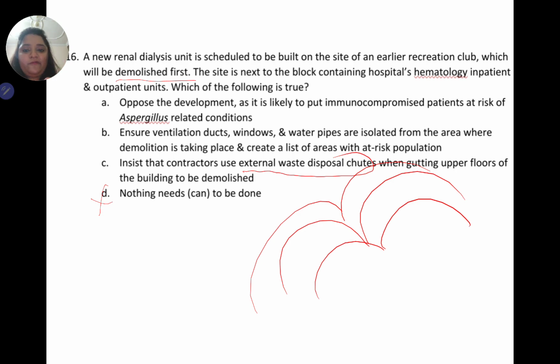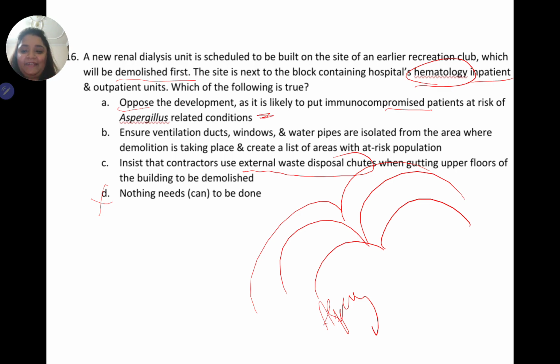So what are the risk factors of having a demolition or any construction unit near a hematology inpatient unit, where the patients may be having some hematological malignancy and HSCT? So the most common thing which we are worried about is Aspergillus. So first point, oppose the development and say it is likely to put immunocompromised patients at risk for Aspergillus-related conditions.